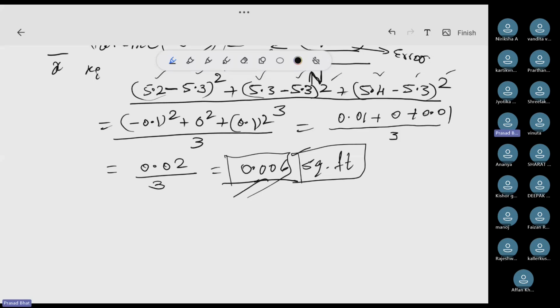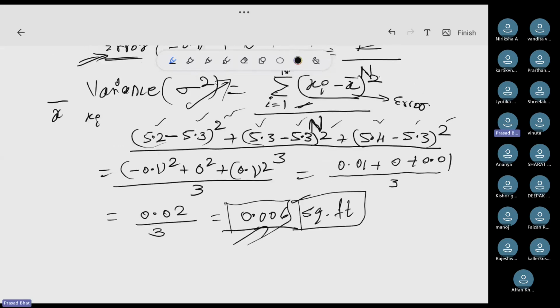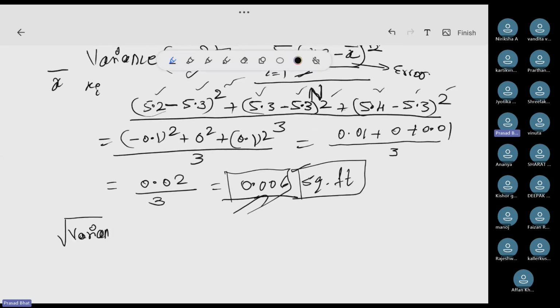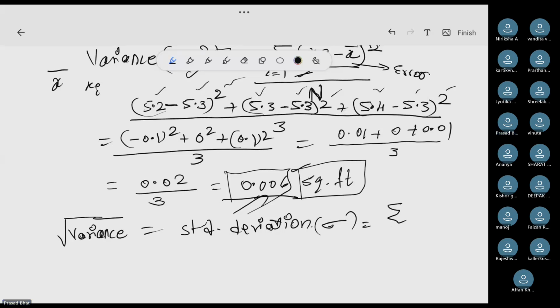So for this reason, what people did is they simply took the square root of the variance just to bring back the unit. That is nothing but standard deviation. Essentially the formula for this is sigma, instead of sigma squared for variance, sigma is equal to the square root of sigma from 1 to n of (xi minus x bar) squared, divided by n, where x bar is the mean value.